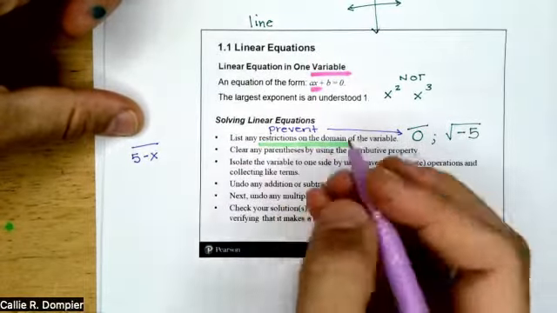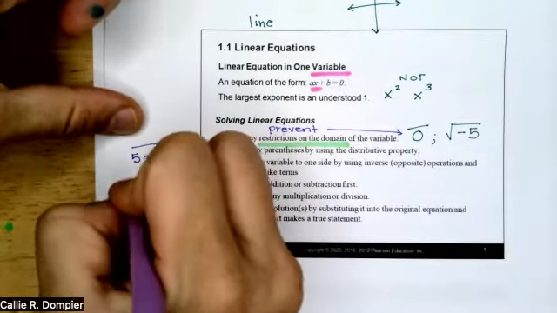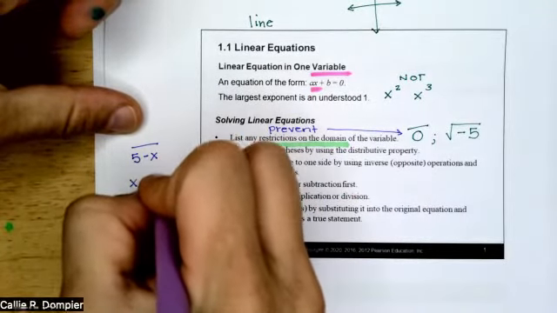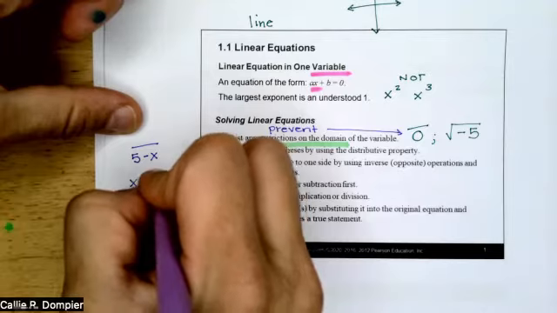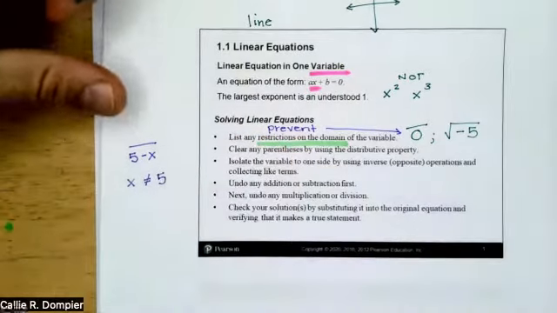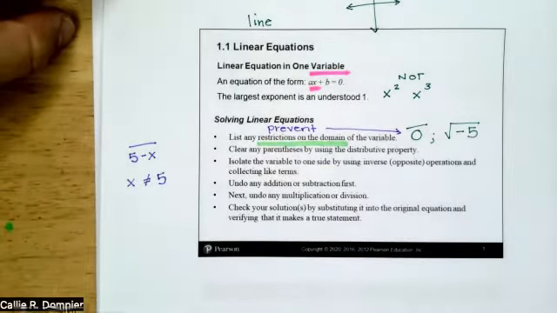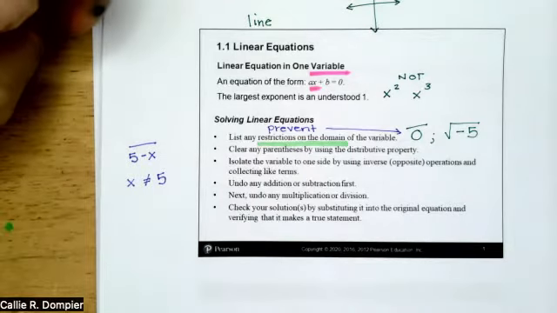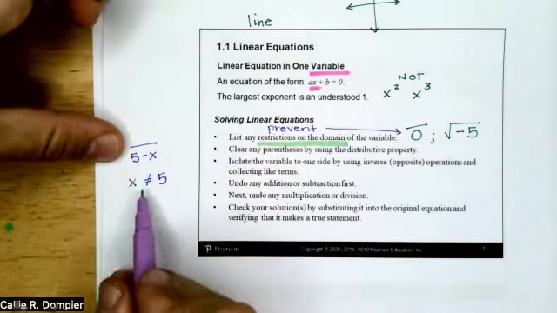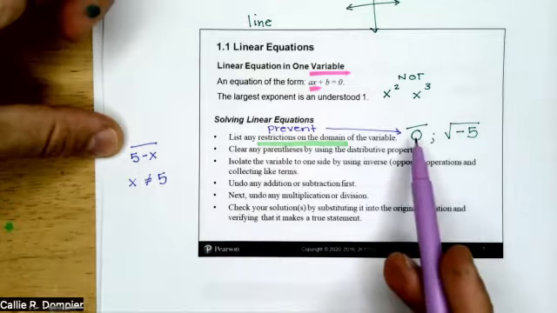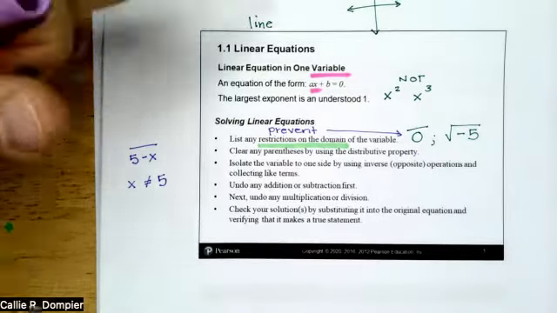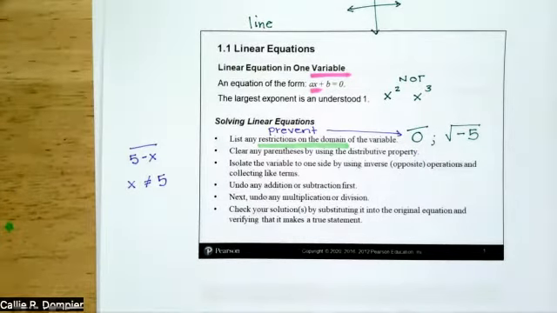So the restriction on the domain is that x cannot be 5, right? X can be -5, and then we'd get a 10. X can be 4, x can be 3, x can be 0. But if x is 5, 5 minus 5 is 0. And that's what we're trying to prevent, okay?